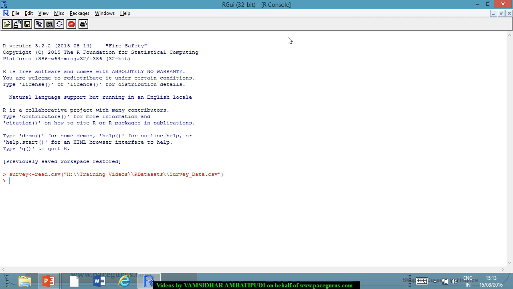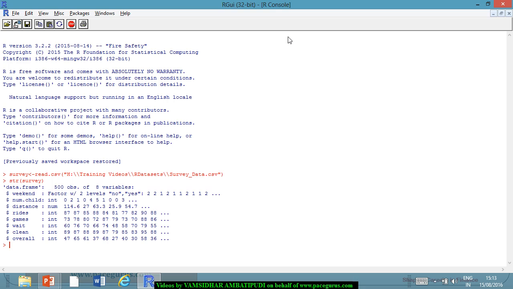So just to quickly check, I can look at the structure of my survey data to recollect what each of the variables had. It's a data frame, 500 observations, 8 variables. Weekend: whether the people visited the park on a weekend, yes or no. So that is a factor variable. Number of children with whom they have visited, so in some cases 0, 1, 2, 3, 5.